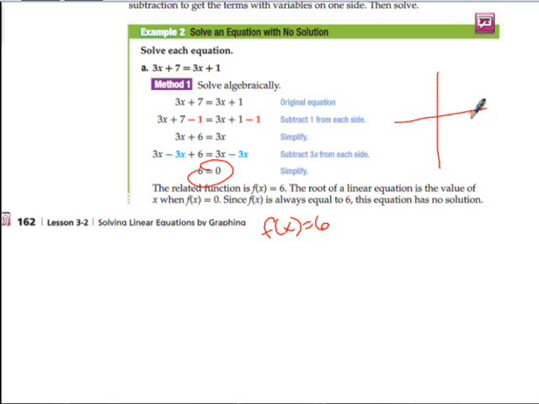If we were to graph that equation, we would go up here to 6, and we would put a line. This function, as a graph, looks like this. Since the solution is where it crosses the x-axis, and that one is never going to cross the x-axis, it's no solution. Because the solution is where it crosses this axis.